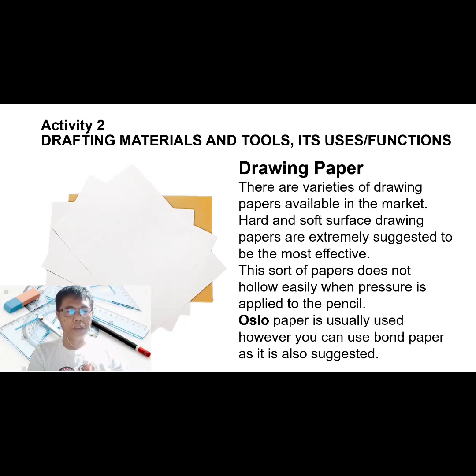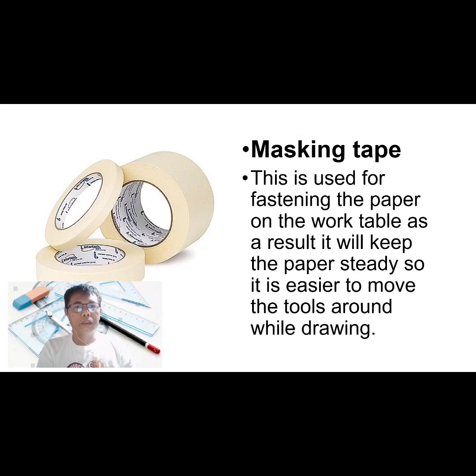Oslo paper, the size is 9 by 12 inches, while bond paper there are two sizes also, the long size and the short size. The long size is 8.5 by 13 inches, while the short size is 8.5 by 11. Next is the masking tape.